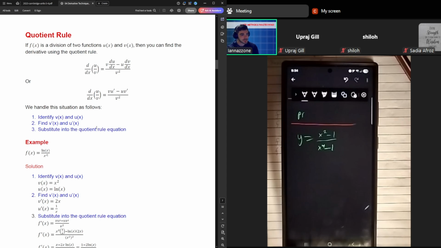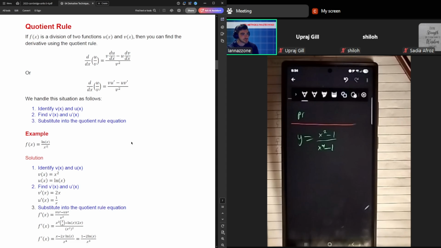You can have a look at the screen share to help you out. There's a written example and there's also a generic example.